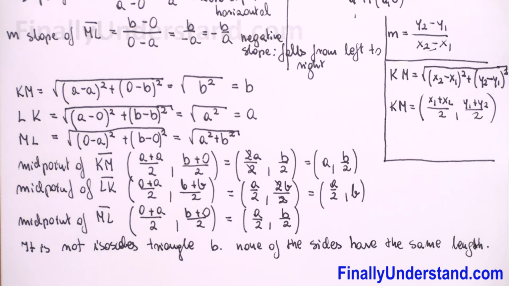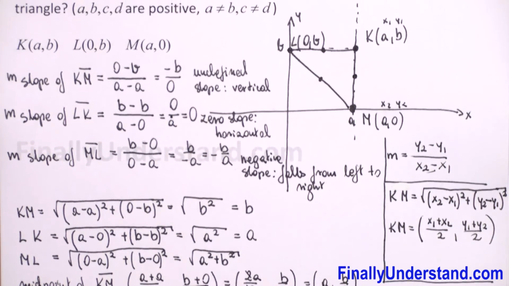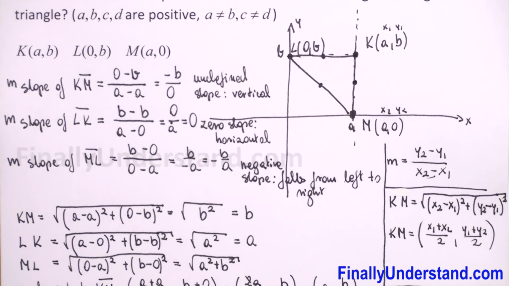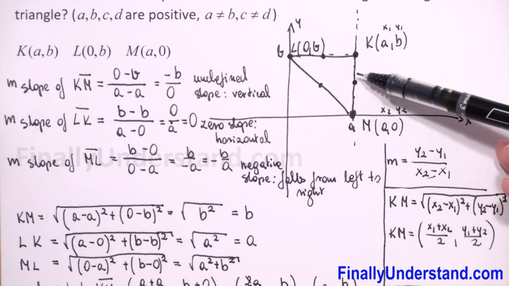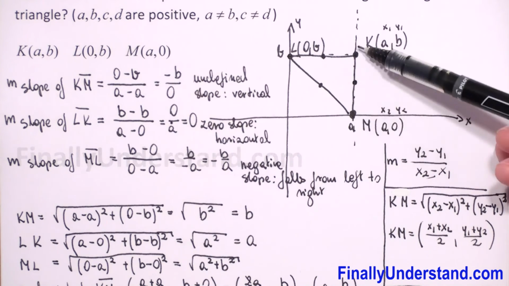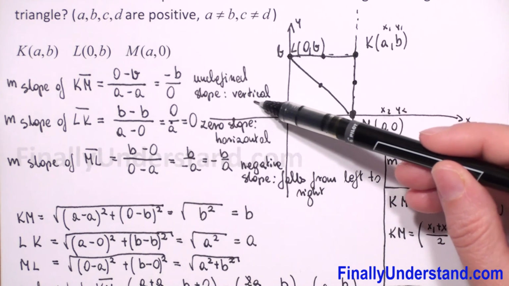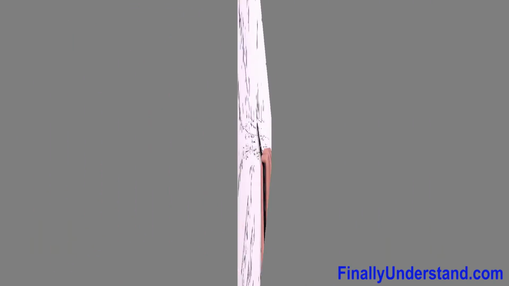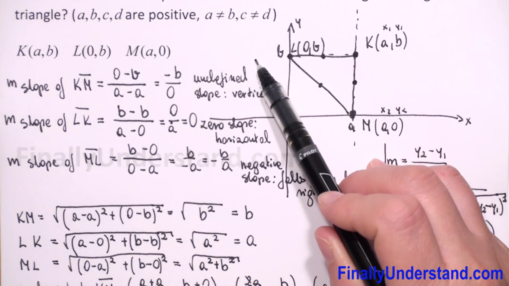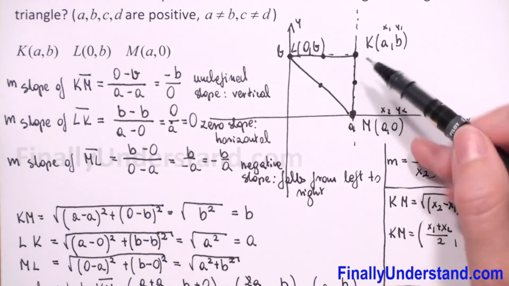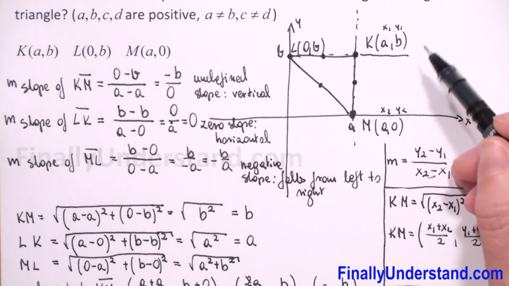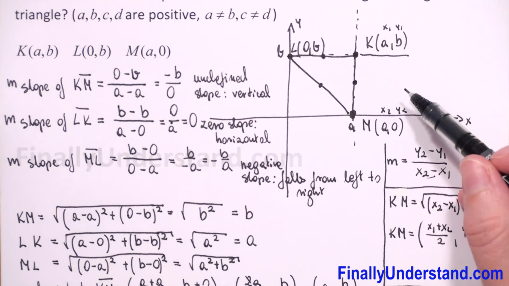And next question, is it a right triangle? Because we found that the line which passes through KM segment is vertical and the line which passes through LK segment is horizontal.